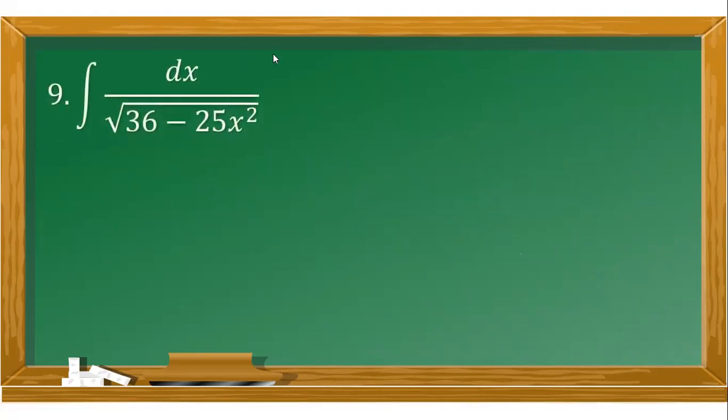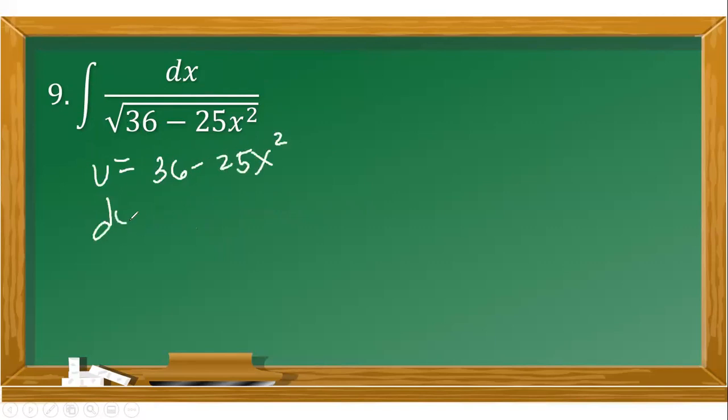Let's have number 9. So for our final problem or final example: dx over the square root of 36 minus 25x squared. So the first thing we may think of, okay, let u be 36 minus 25x squared.